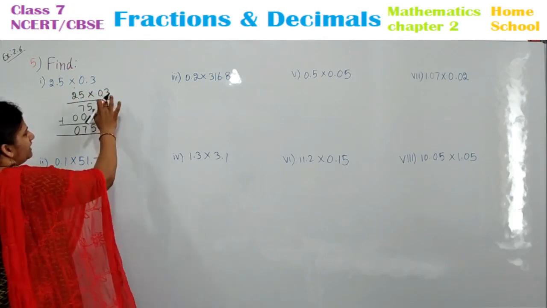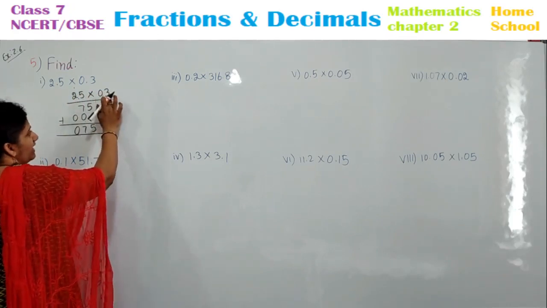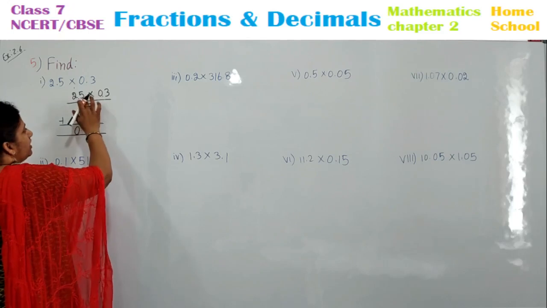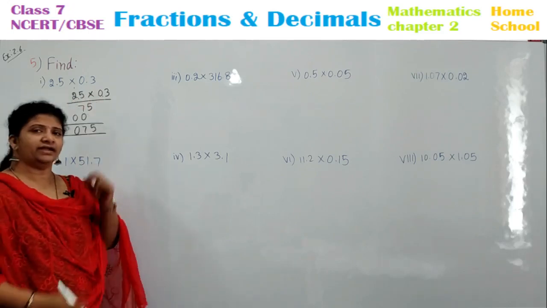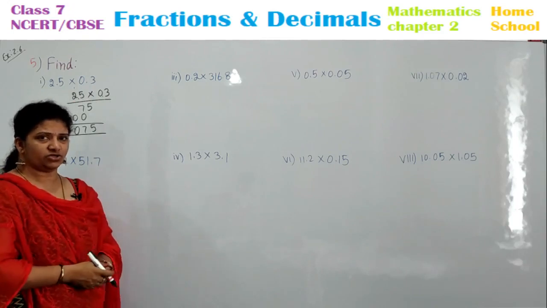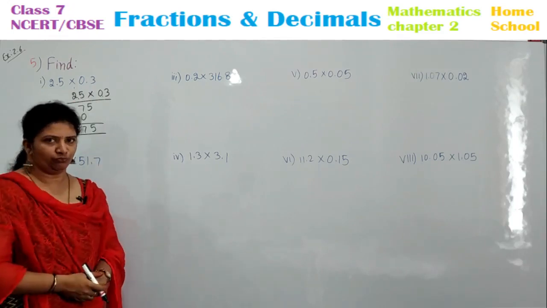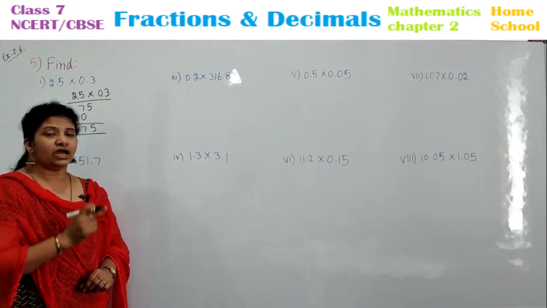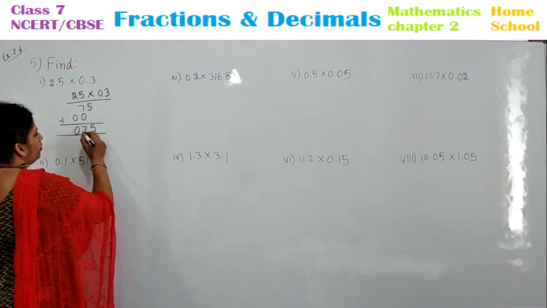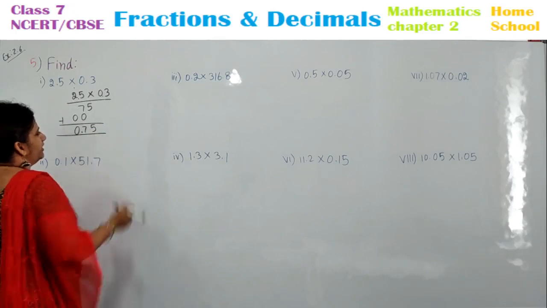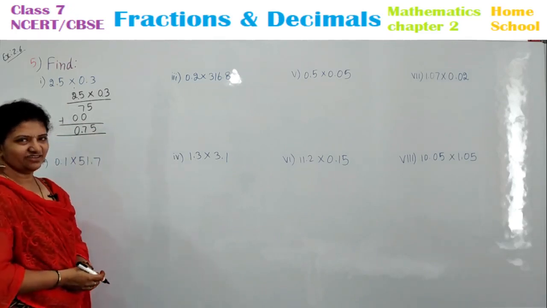In this value, after the decimal you have one digit. Here also after the decimal you have one digit. Total, when you add these, after the point how many decimals do you have? 1 plus 1 will be 2. In your answer, come from the right side. After two digits, put a decimal point. That is your answer.